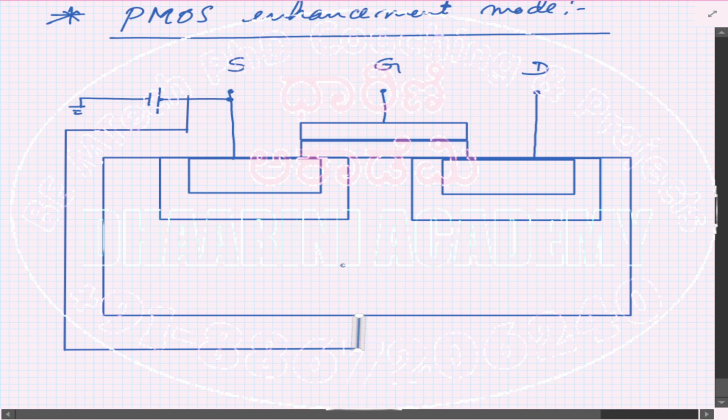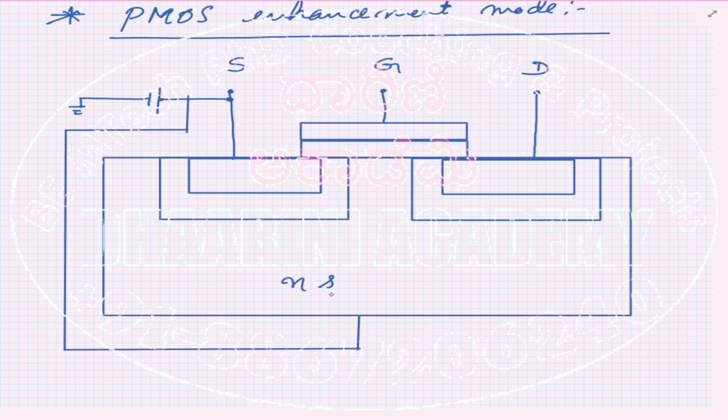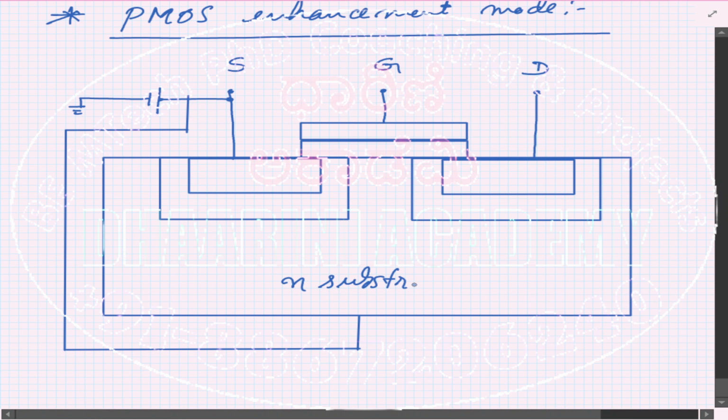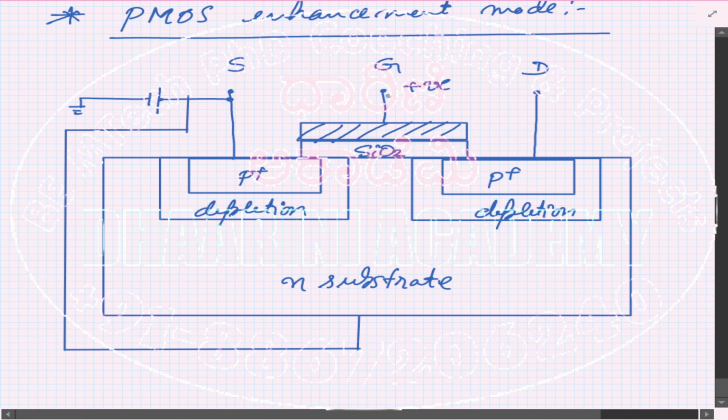I know that since it is a PMOS, this should be N substrate, correct? N substrate. So this is silicon dioxide, SiO2. This is the polysilicon. This is the P plus diffusion layer, and this is the depletion. This is also the depletion, right? I know that VG is when the VGS is connected to a positive voltage, right?